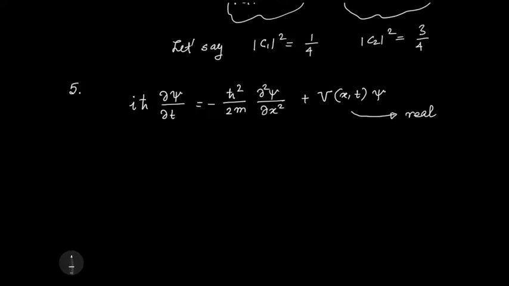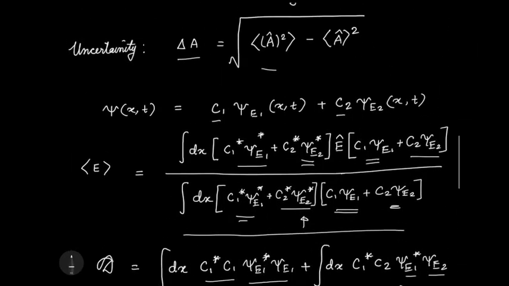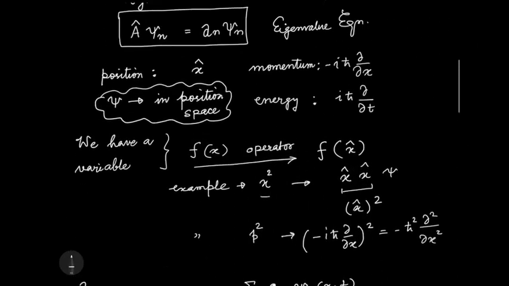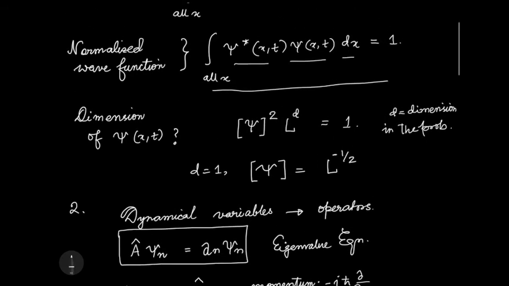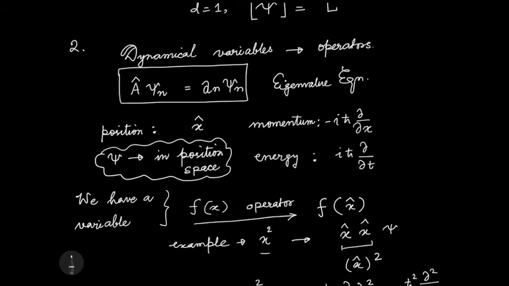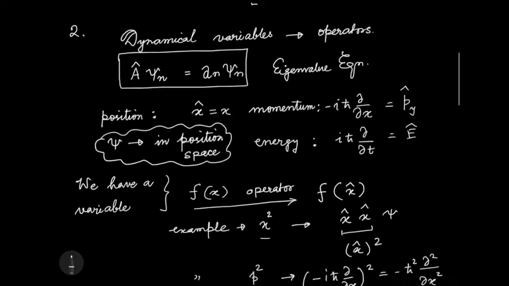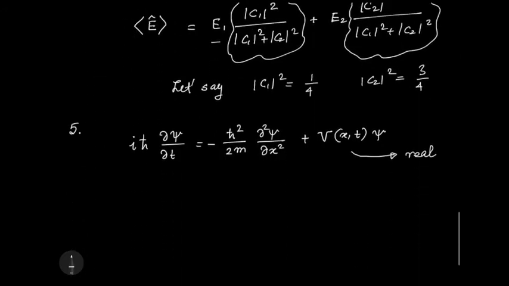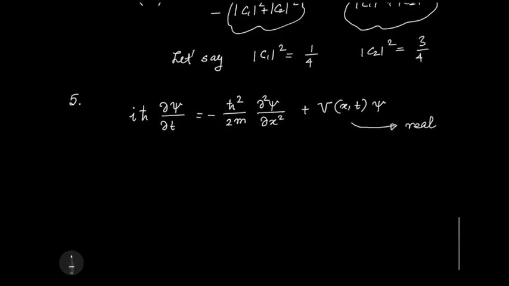This potential is essentially the same potential as in classical mechanics, and I should have written V of x cap over here, but as we know, in the position representation the operator x cap is x itself. This is p cap, this is E cap, so I don't need to write it explicitly. So V of x cap is essentially V of x.